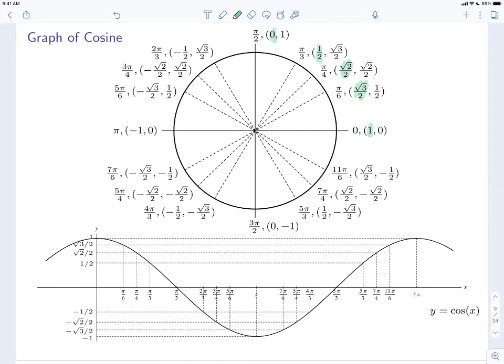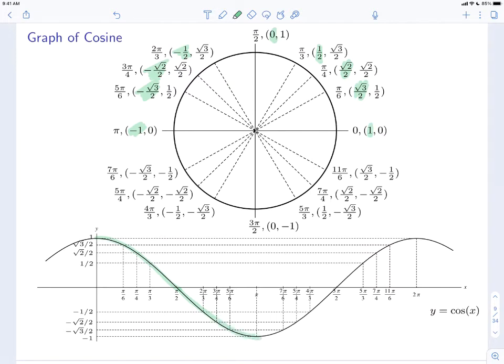So we start at 1, and then we pass through our usual set of numbers until we get to 0. And then again, the same numbers, but now negative. Minus 1/2, minus square root of 2 over 2, minus square root of 3 over 2, minus 1. And as you can see, we're passing through those numbers, but now they're negative here until we get to negative 1.